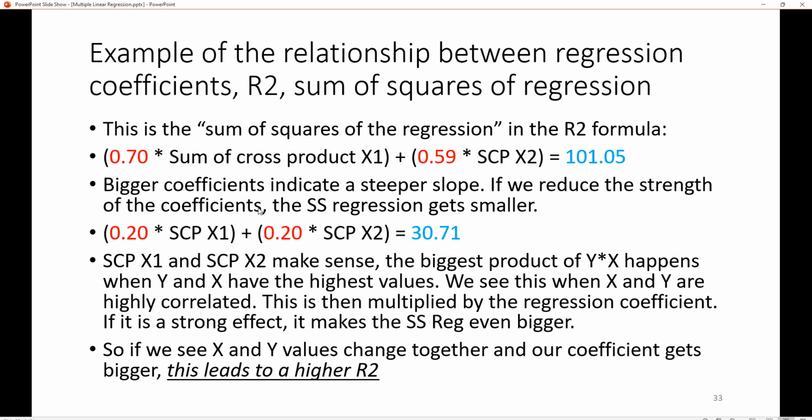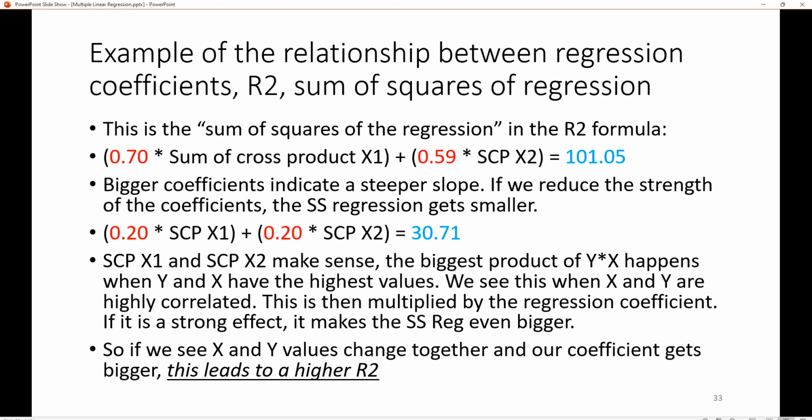So we have 2 coefficients on the top that are higher in revealing a steeper trend, and on the bottom they're less intense, they're a little bit flatter, and that gives you higher values of the sum of squares of regression. For the top, we see that it's 101.05, below it's 30.71.